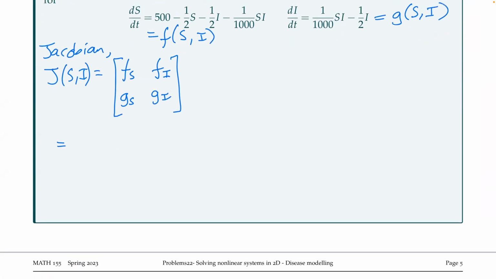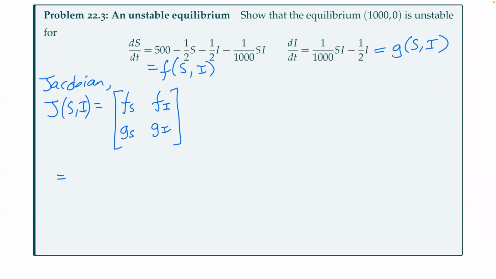Okay, so what are our partials here? Well, f sub s, the constant term goes. Then we have minus a half of s, and when we take the derivative of that with respect to s, we just get minus a half. The minus a half of I, derivative with respect to s is altogether 0. Let's try this again.